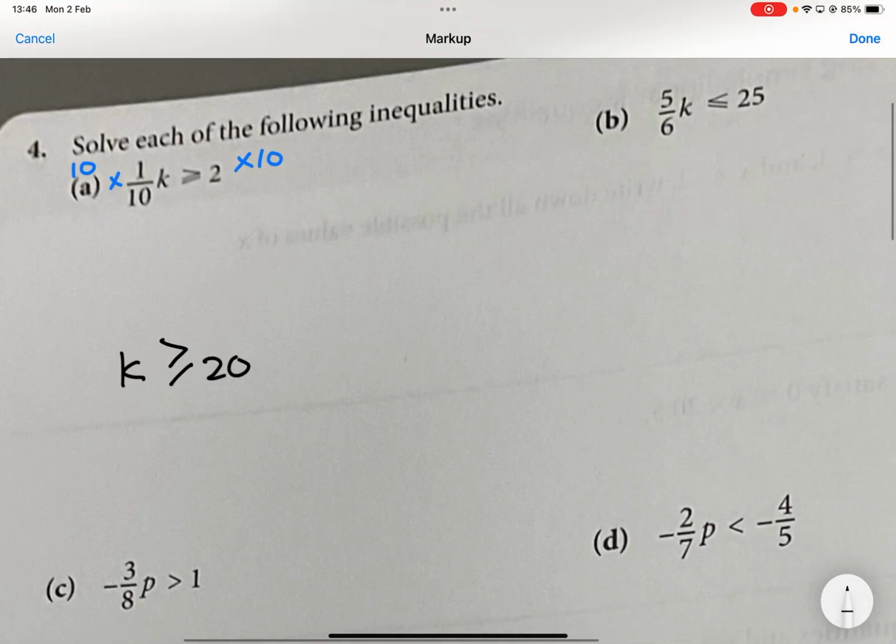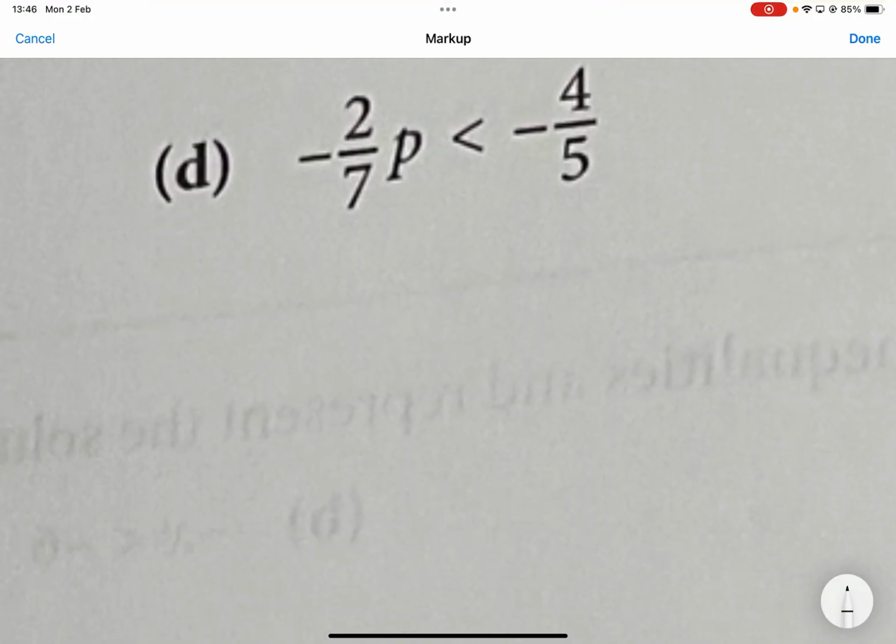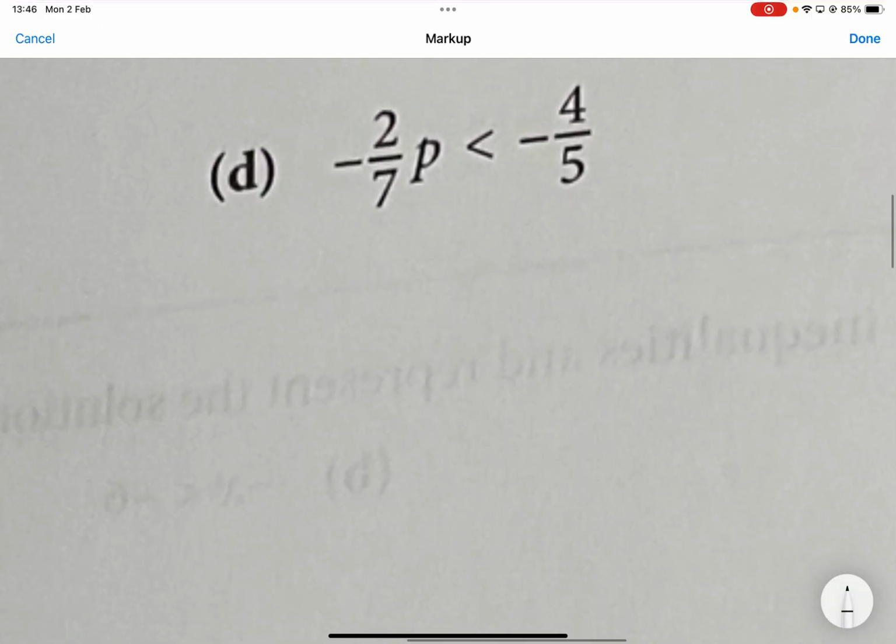I do one more. I want to solve this inequality, means finally I want 1p. If I only want 1p, I want this negative 2 over 7 to disappear.